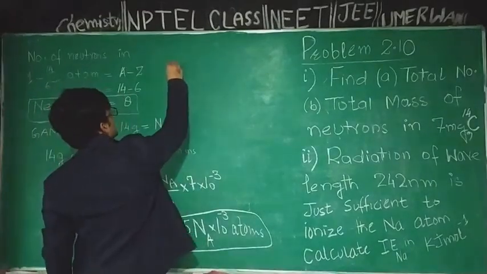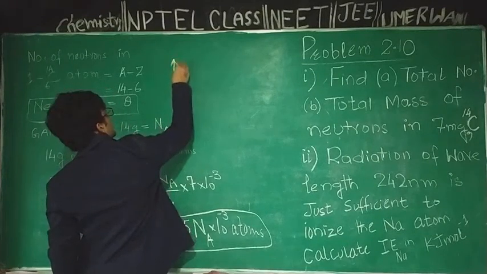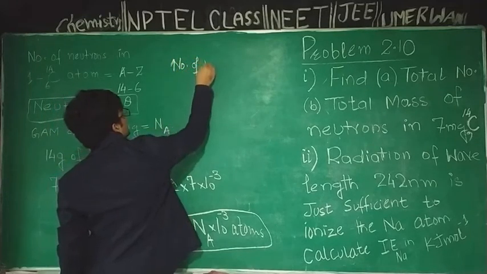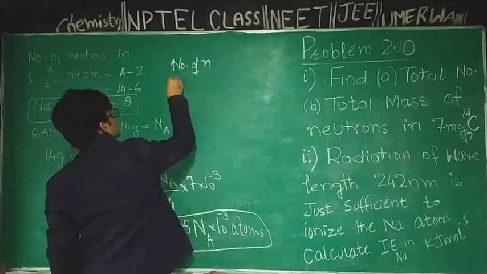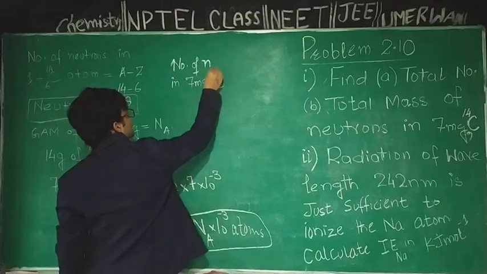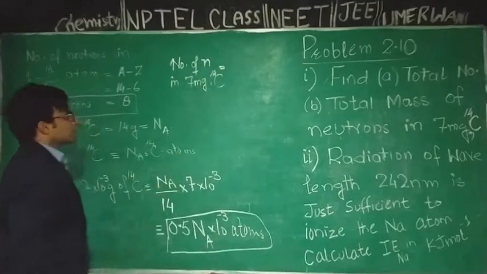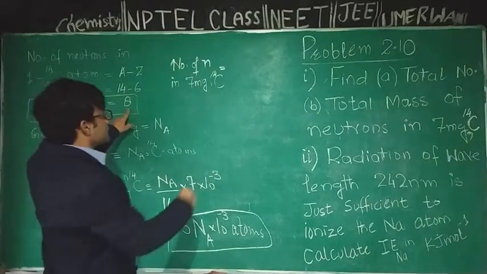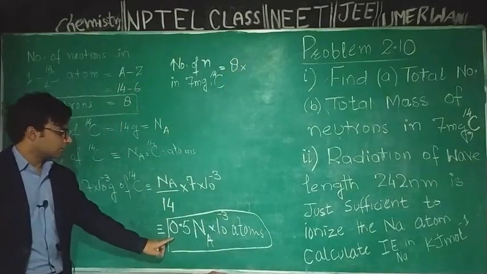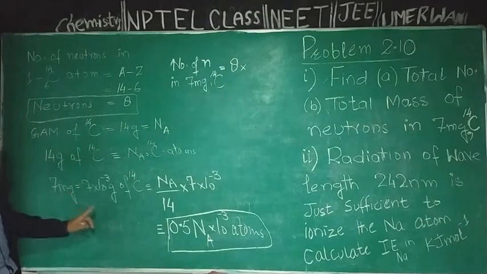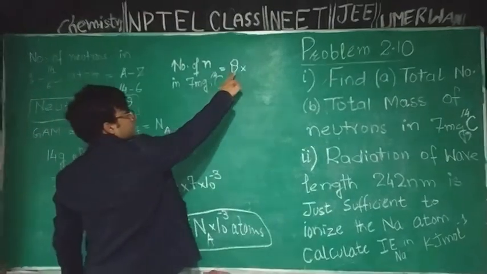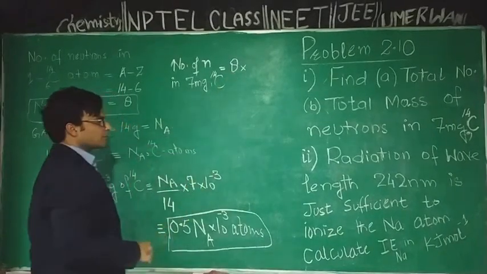Now I will calculate the number of neutrons in 7 mg of carbon 14, and it will come equal to the number of neutrons in one carbon atom, which is 8, multiplied by the total number of carbon atoms in its 7 mg weight.